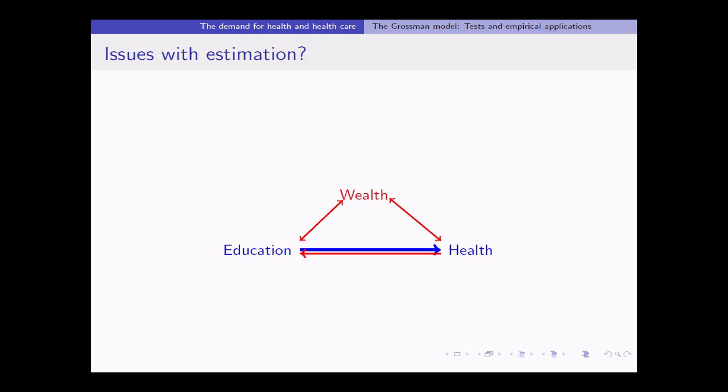So we've got a third variable that can be reverse causal with both the exposure and the outcome. Obviously that's less of an issue because you can simply stick wealth or family wealth or some measure of wealth as a covariate, stick it in the x vector, and that will break that potential causal chain here, and that will allow us to get unbiased estimates of education on health conditional on wealth, but it won't help us get around this potential reverse causality between health and education.